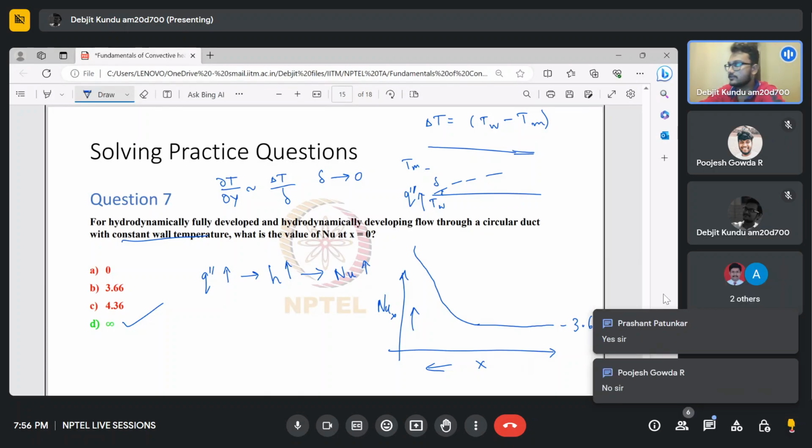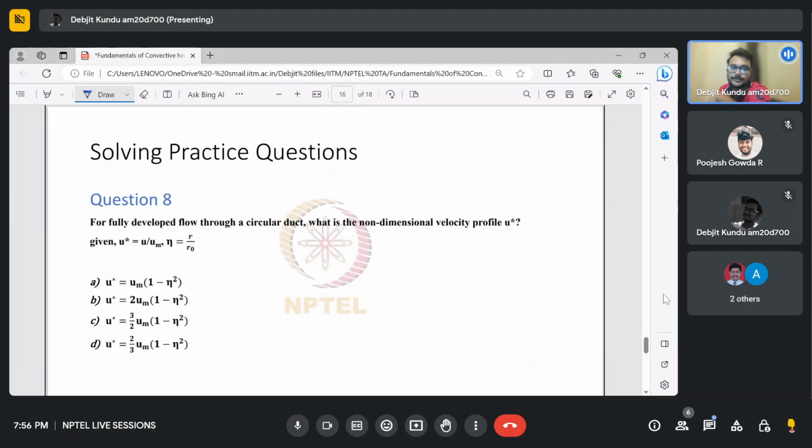Okay, so if there are no questions, we will move on to today's last question. That is question number 8, which is asking us that for a fully developed flow through a circular duct, what is the non-dimensional velocity profile u star? Given that u star is defined as the ratio of u over u mean, that is the mean velocity of flow, and eta is the non-dimensional radial coordinate given as r over r0, where r0 is the radius of the circular duct.